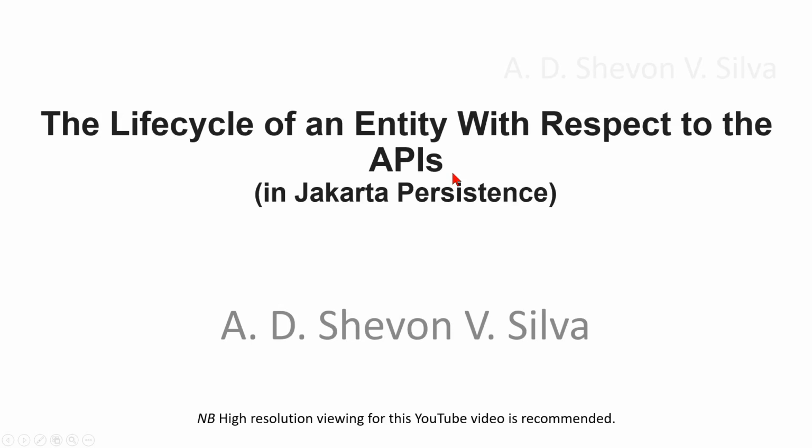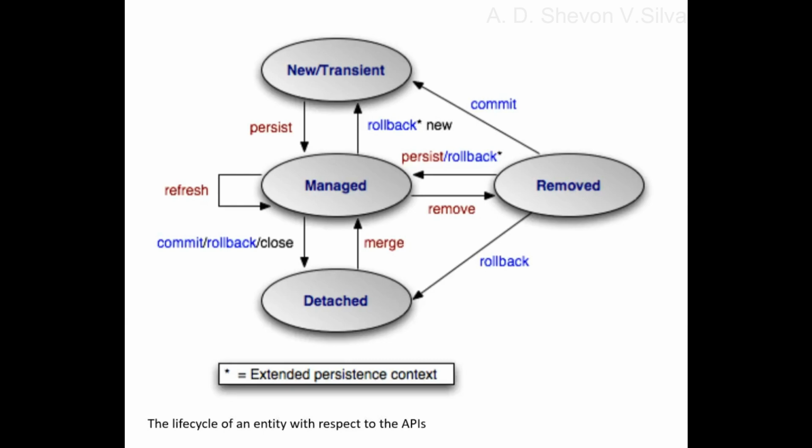The life cycle of an entity with respect to the APIs in Jakarta Persistence. Now we are focusing on entity. Entities are persistent objects that represent data store records.